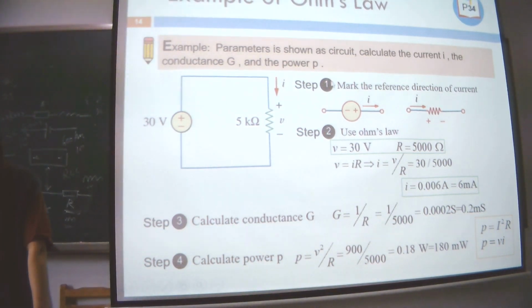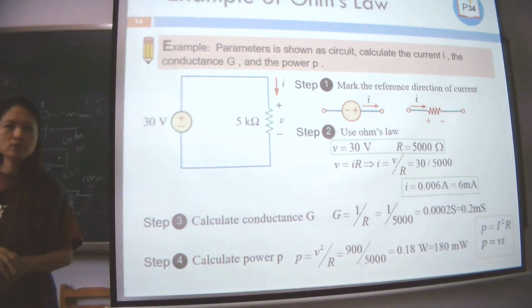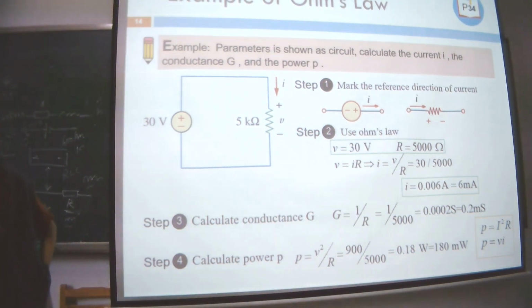So the first step. Here we just follow the steps. Steps are a way to tell us that when you get a problem, we have some steps to solve it. So in the first step, we generally mark the reference direction of current or the reference direction of the voltage.